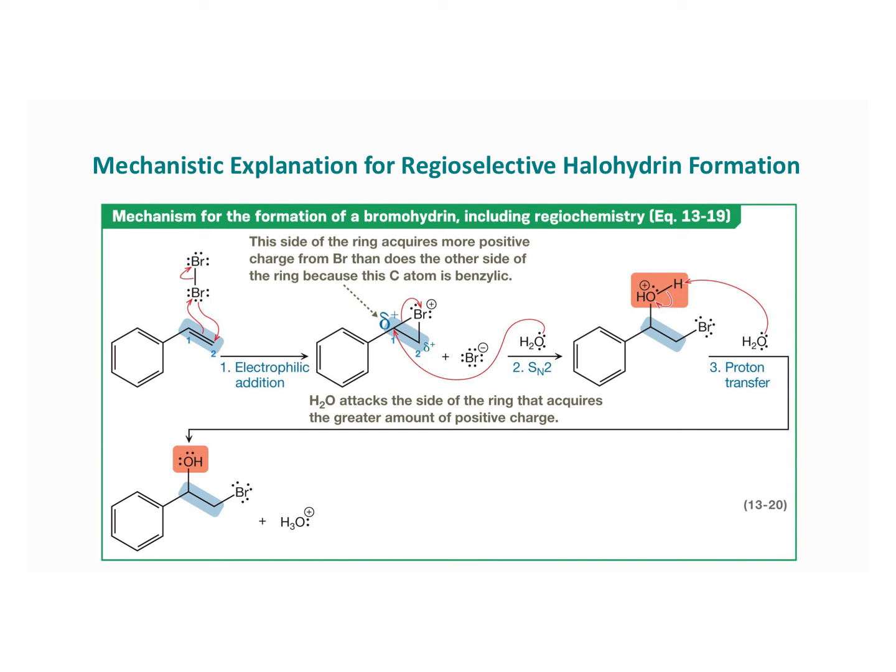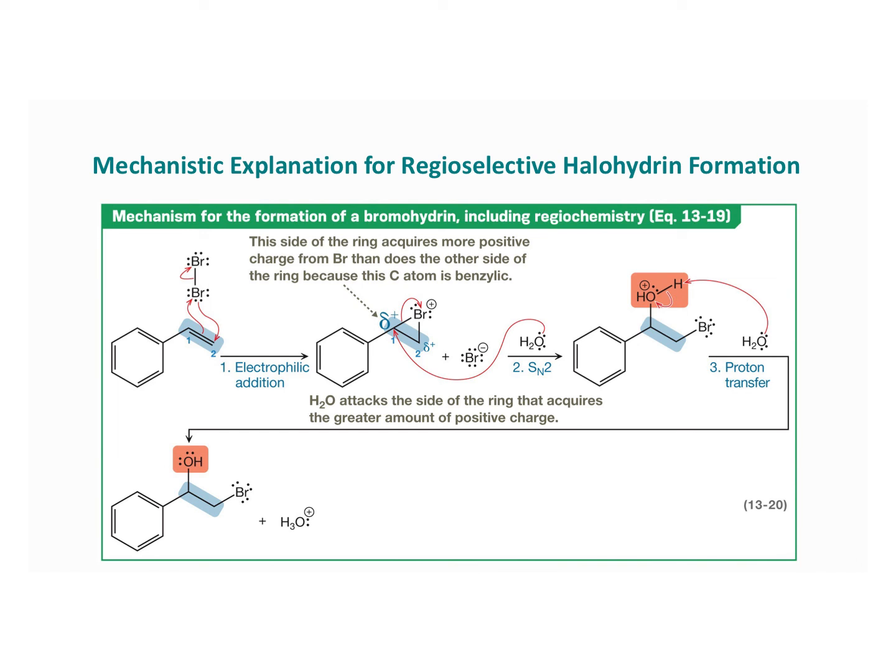Now, I want you to notice how the book does this. It's showing a really big partial positive here and a smaller partial positive there. There's a greater partial positive charge on this carbon because we have a benzylic carbon atom there. So this comes in, that goes up, that attacks there, and we get the OH here.